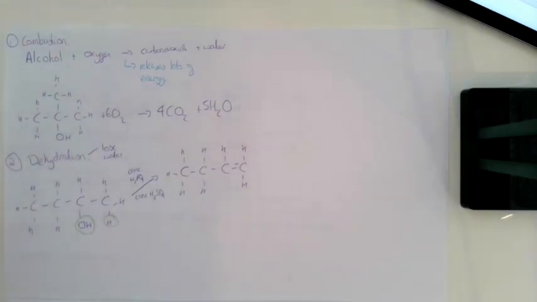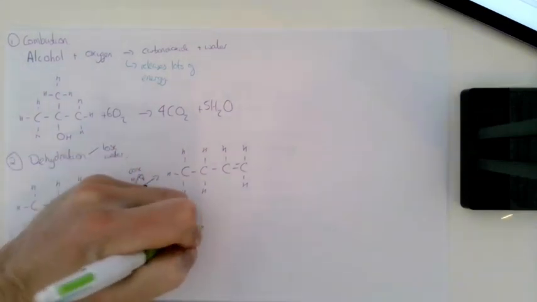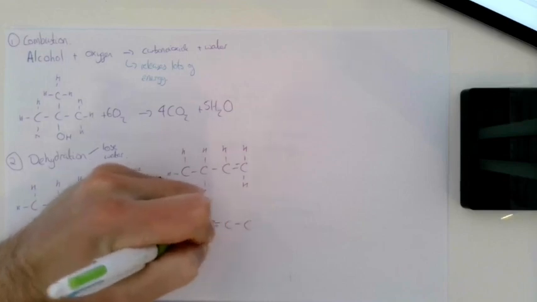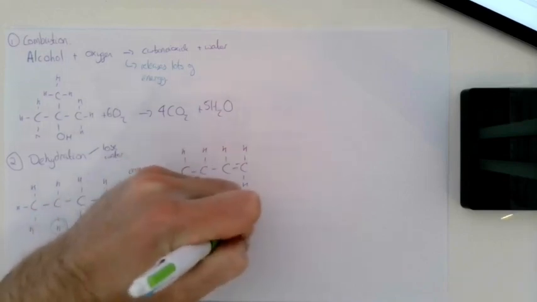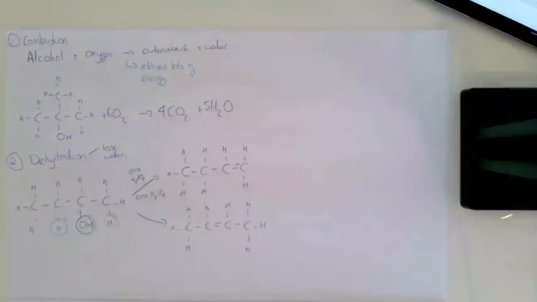Let's imagine instead I lost the OH still, but I lost this hydrogen, so on the opposite carbon now. 1, 2, 3, 4, you end up with but-2-ene.